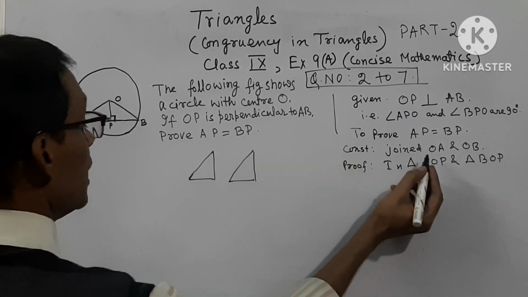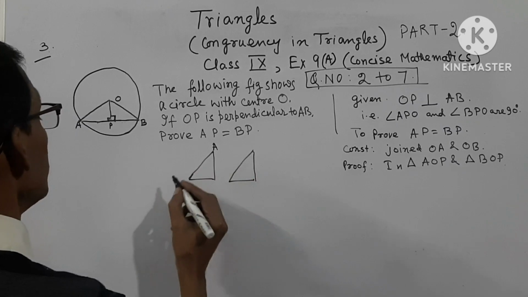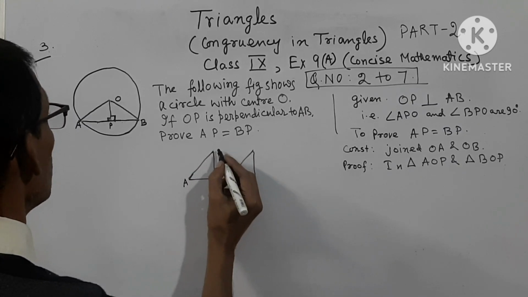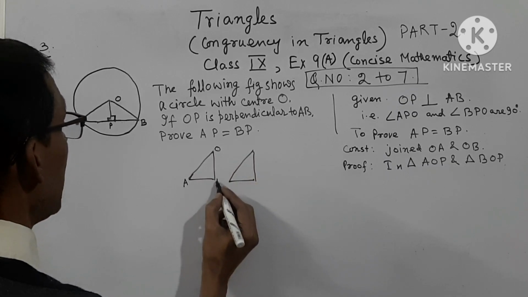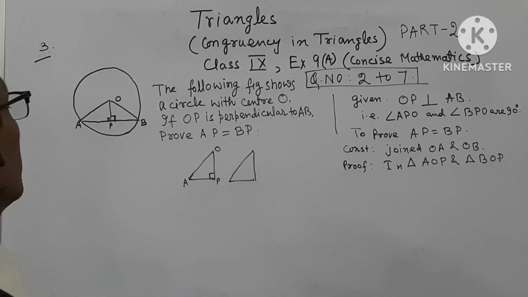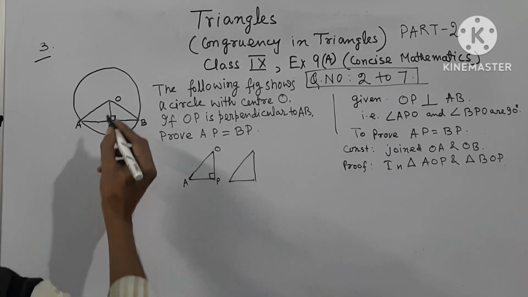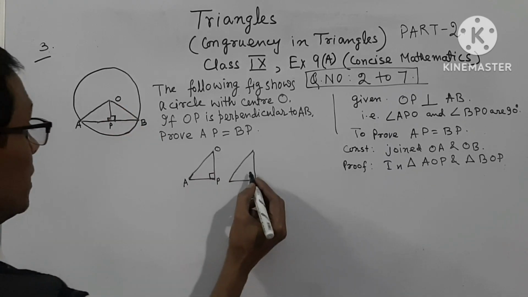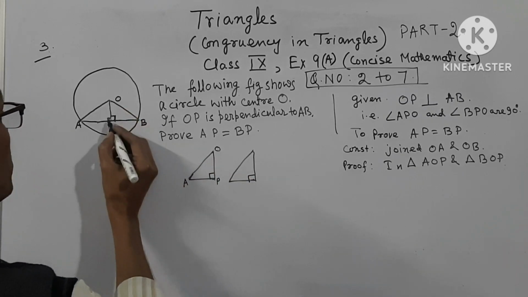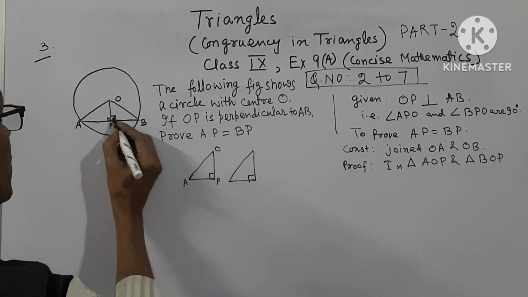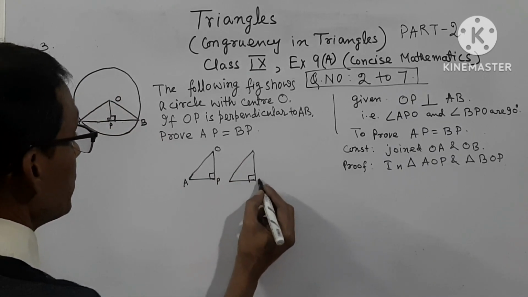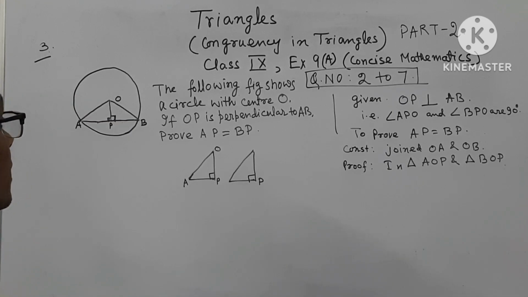Triangle AOP, A, O and P I will make such that P is the right angle. And OPB, see, in OPB also angle OPB is 90 degree. So angle OPB, that means P vertex is 90 degree.